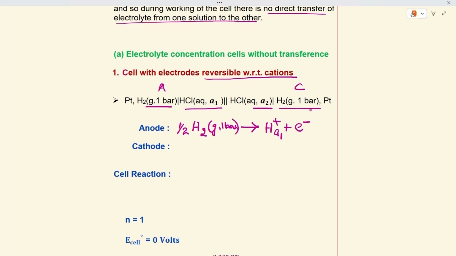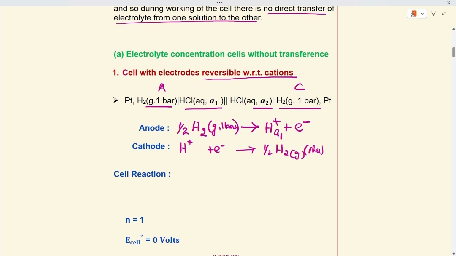Now, in the cathodic compartment, it will be the reduction. So, H plus will take up electrons and get converted into half hydrogen gas, and the pressure is the same, 1 bar.